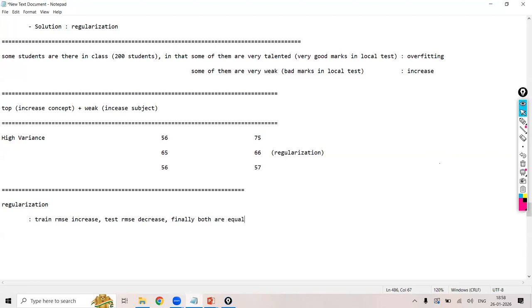Understood or not? Regularization will work in that way. Train RMSE we are going to increase, test RMSE we are going to try to decrease.